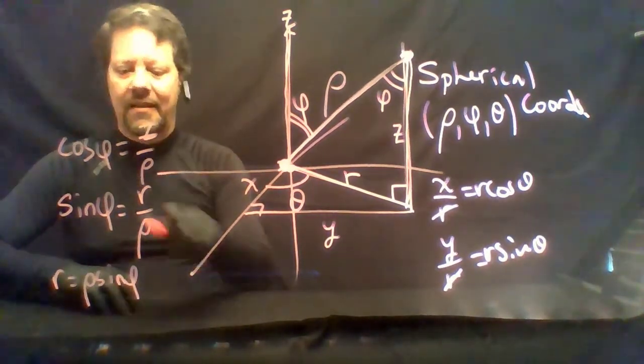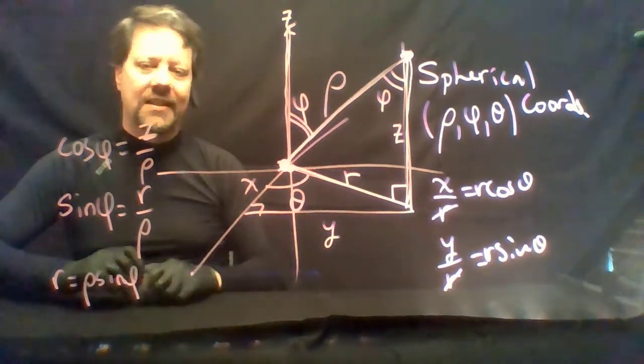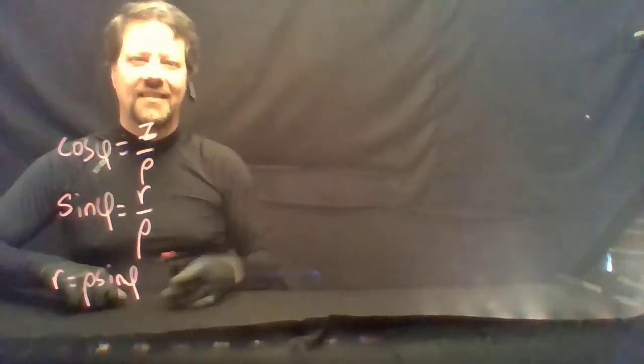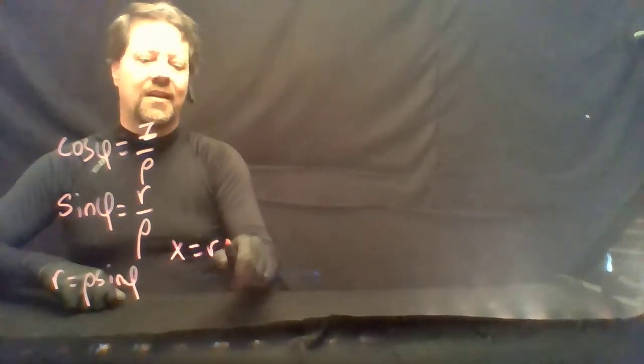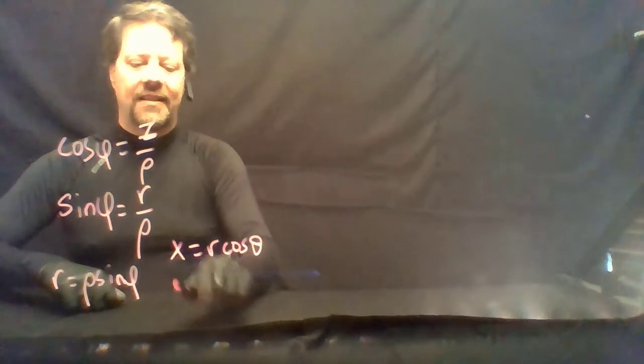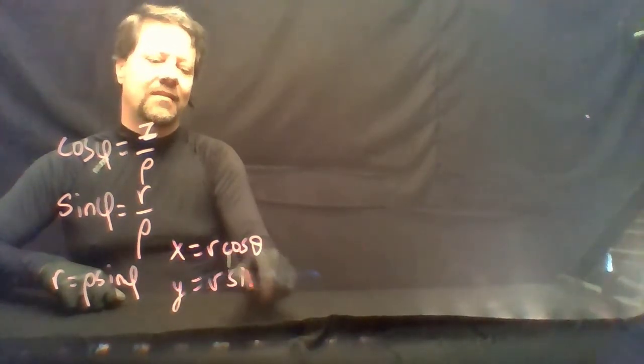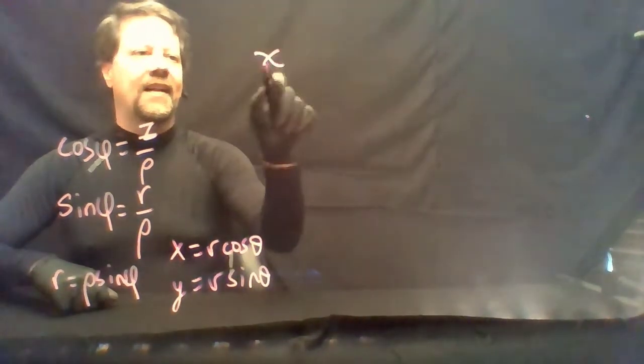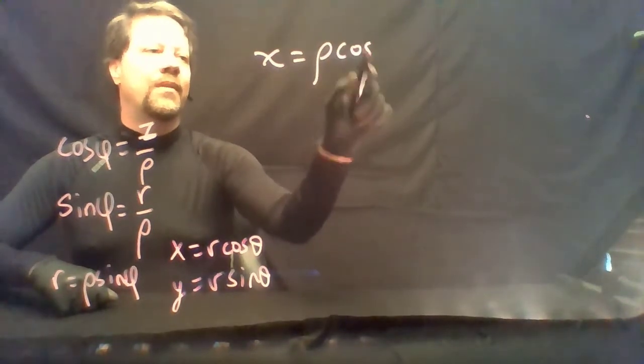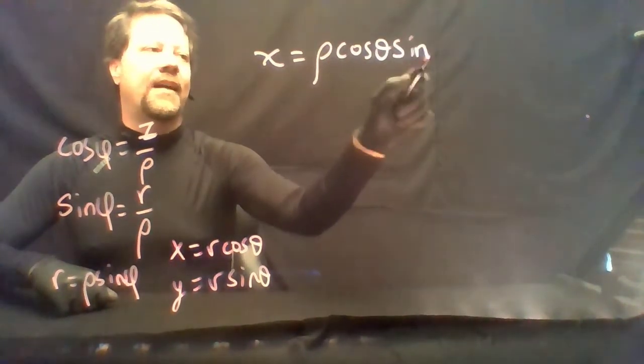Putting these two things together, we have the following. We had x equals r cosine theta, y equals r sine theta. Then x is going to be rho cosine theta sine phi.